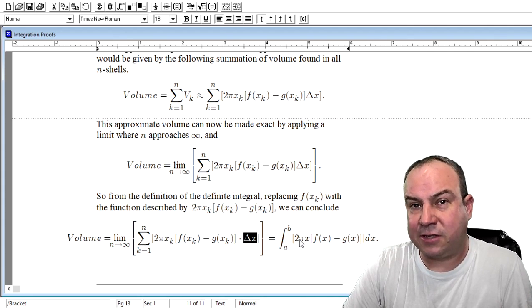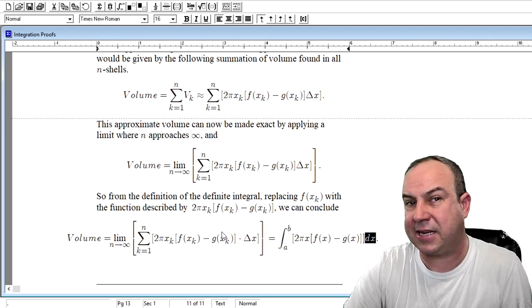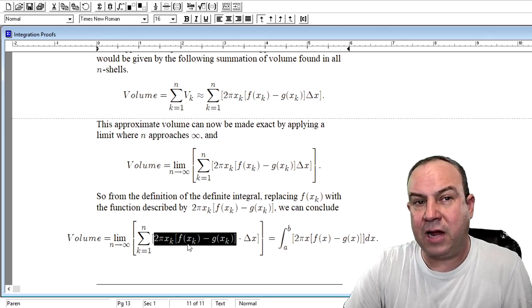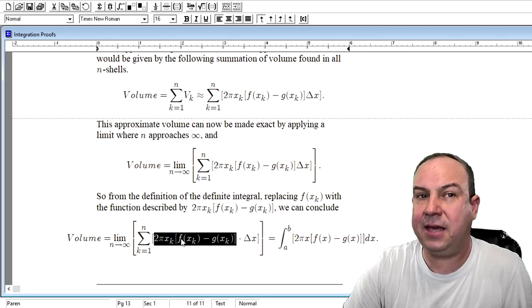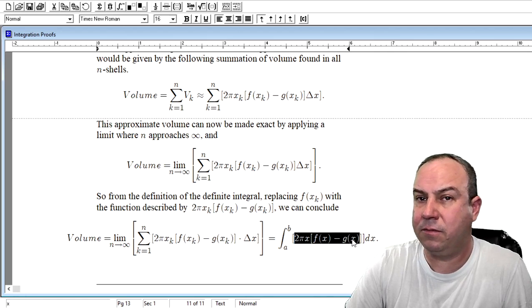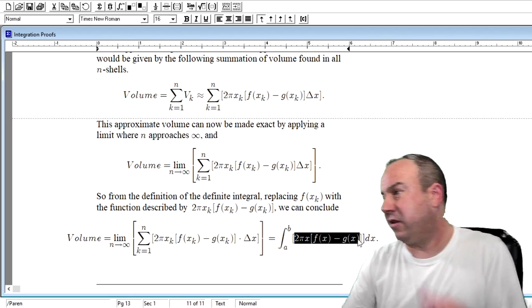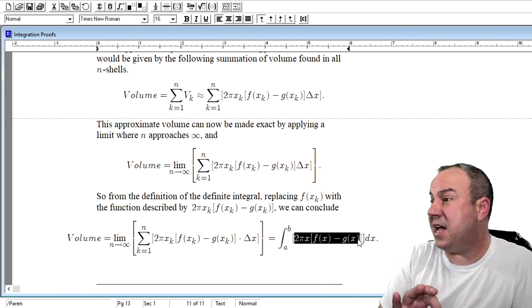And when we translate this over to a definite integral, it does become just an integral from a to b with respect to x, where your integrand would come from this quantity, 2 pi x sub k times f of x sub k minus g of x sub k. In the definite integral, we basically see that quantity become the integrand, but we ditch the k on the x.